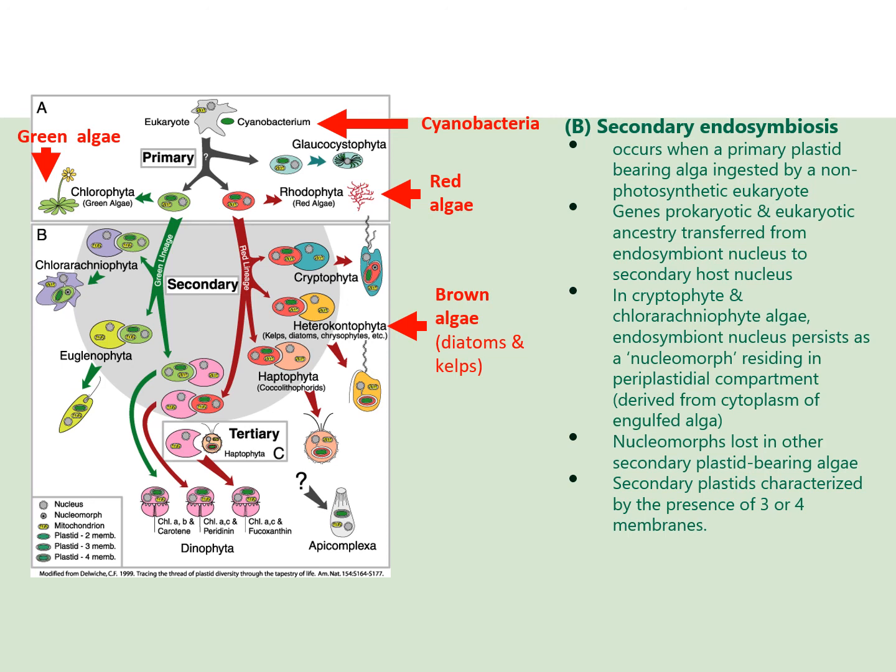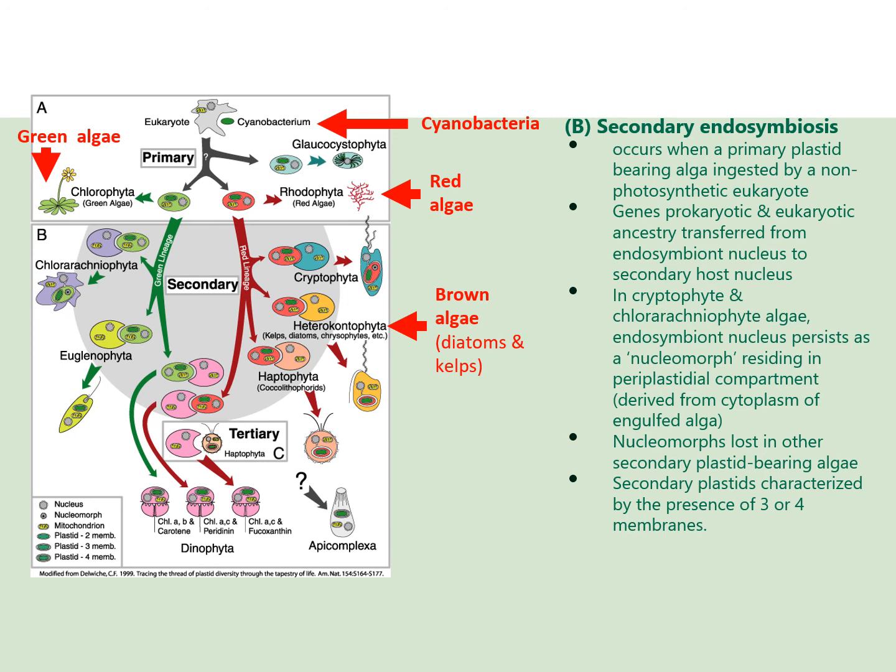In cryptophyte and chlorarachniophyte algae, the endosymbiont nucleus persists as a nucleomorph, which resides in the periplastidial compartment that is derived from the cytoplasm of the engulfed algae.